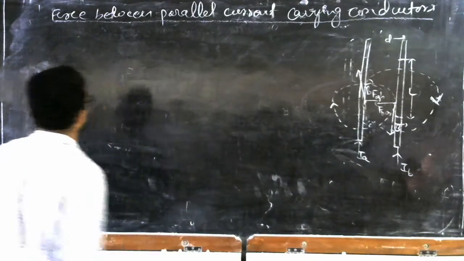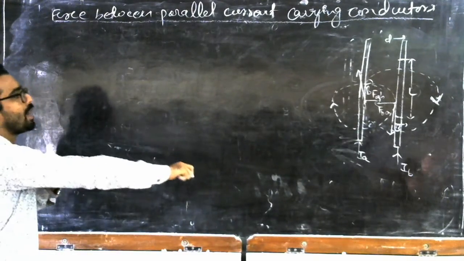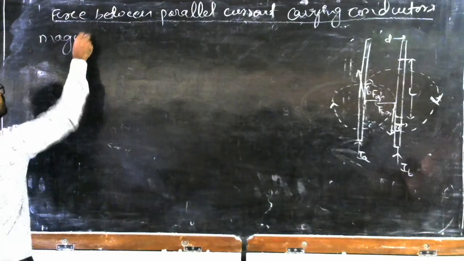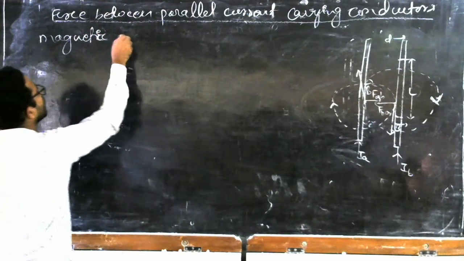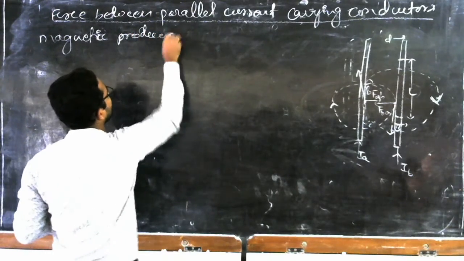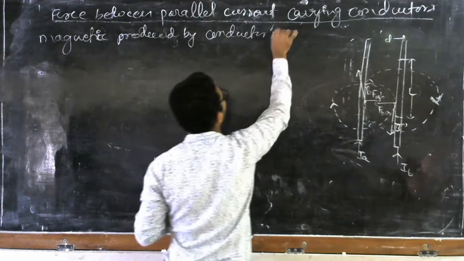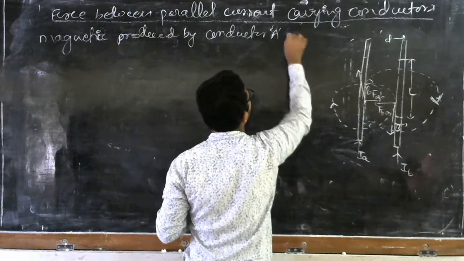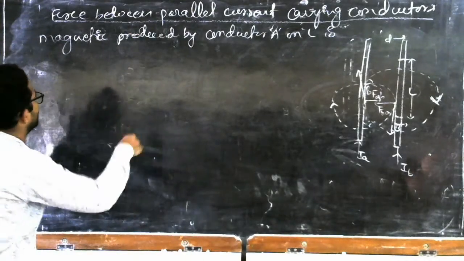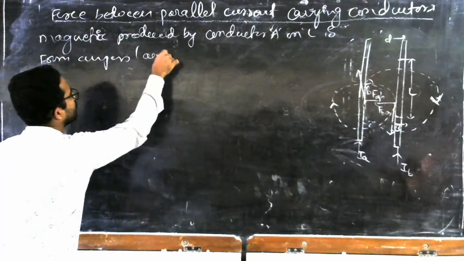So let's derive the equation. Before that, let us write the equation for the magnetic field produced by conductor A. From Ampere's law, what is the length?